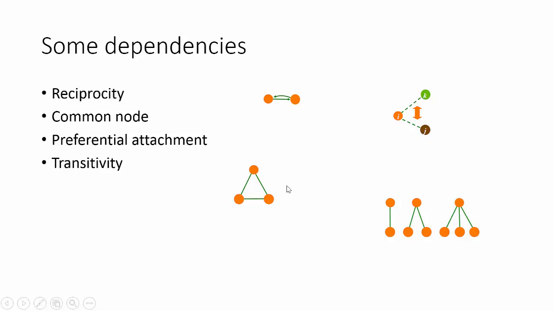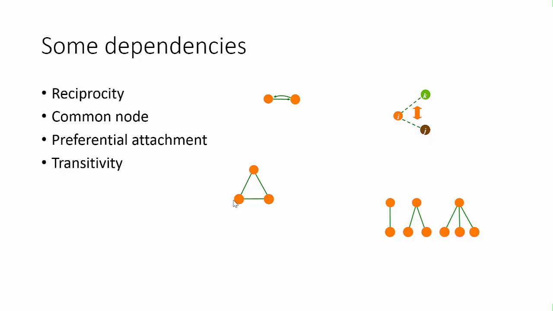Another one that we notice a lot is triangles. There's a strong tendency for people to be friends with their friends' friends. So you have a person A here who is a friend of B, and B has a friend C, and eventually A and C meet because B here introduces them or whatever.